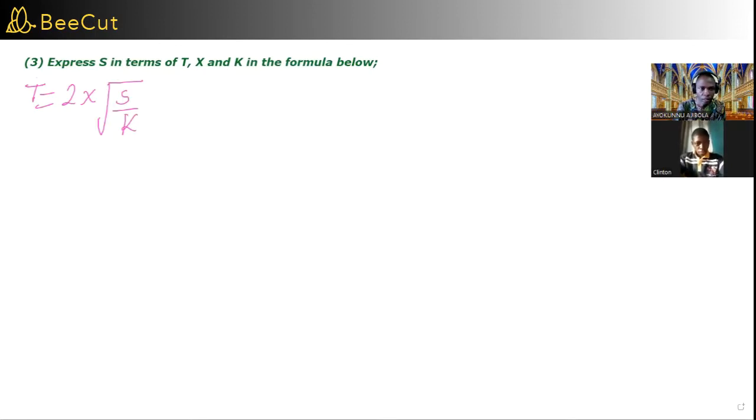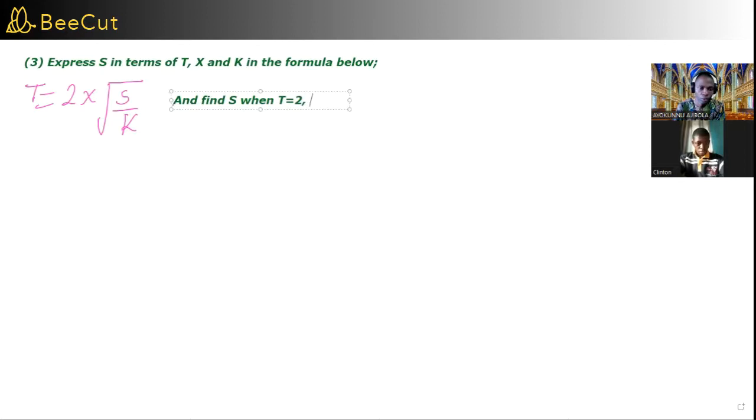Now it goes further and says, find s when t equals 8, x equals 2, and k equals 3. So find s when t is 8, x is 2, and k is 3.